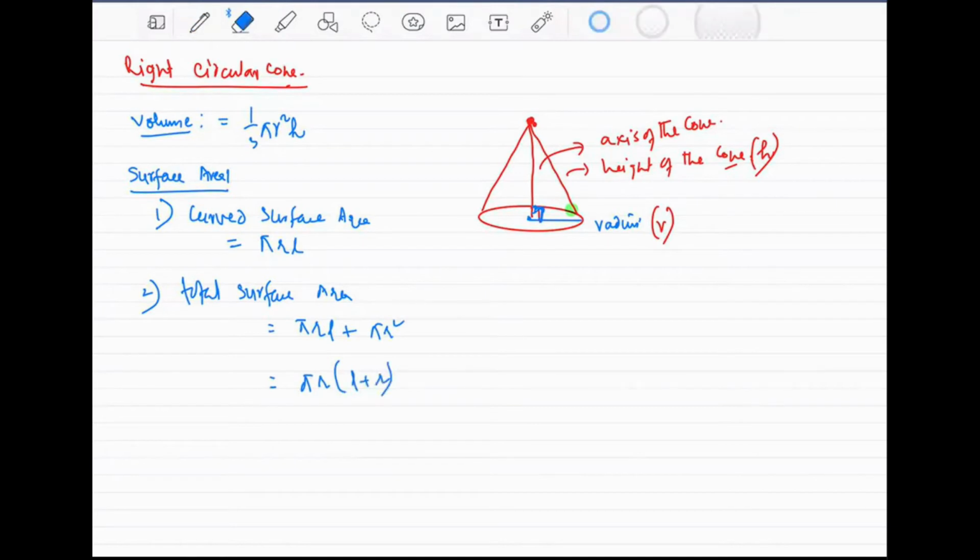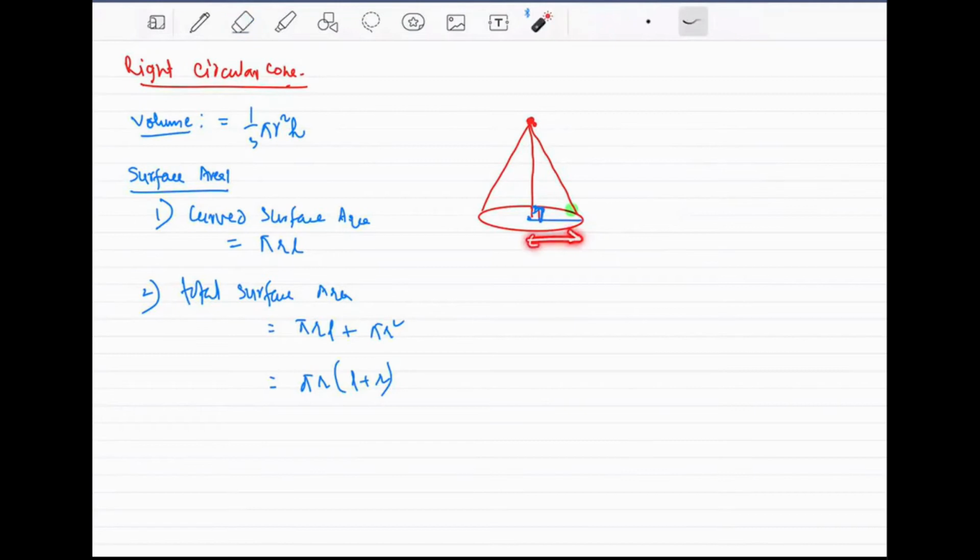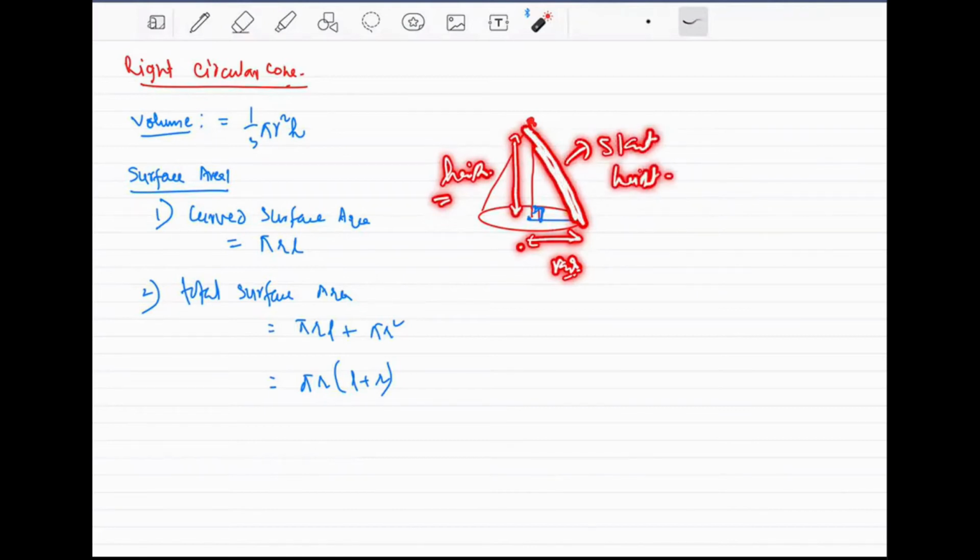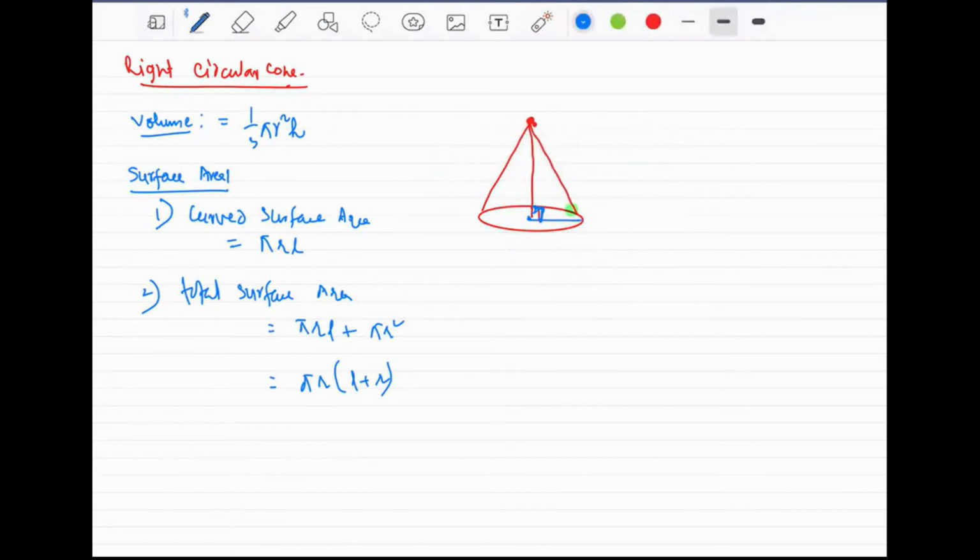One more thing you need to understand here is, this is the radius, this is the height, this is the radius. The length of this portion right here, we will call it the slant height. You need to understand this also. There is a certain relation.